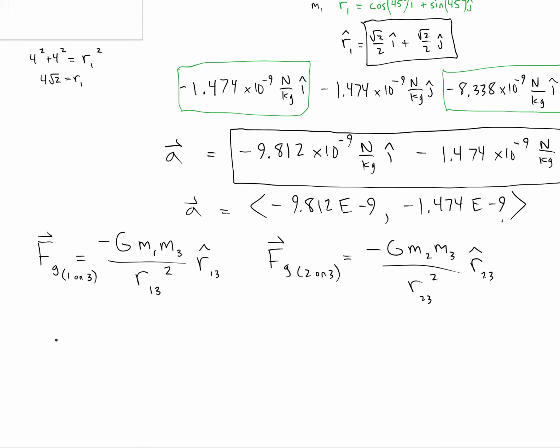But there is also this from the weight formula. Fg equals m times g, where g is called the gravitational field. M is the mass in the field.